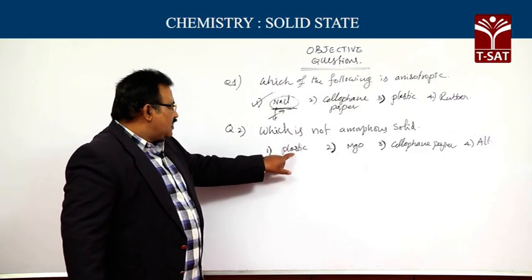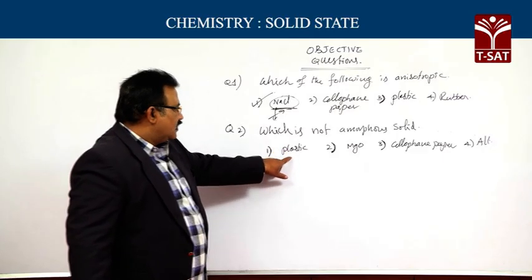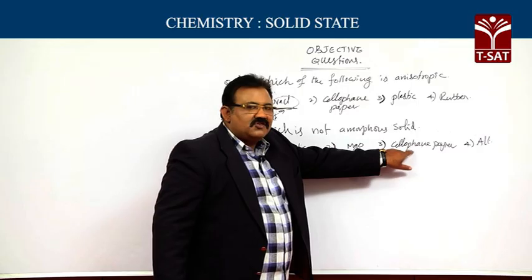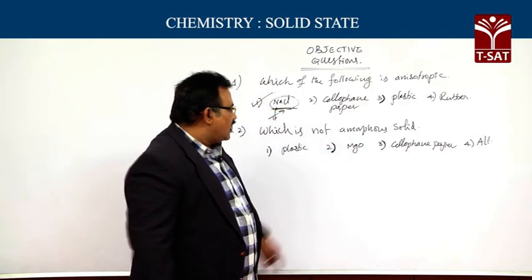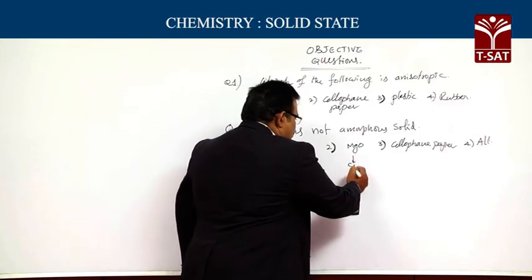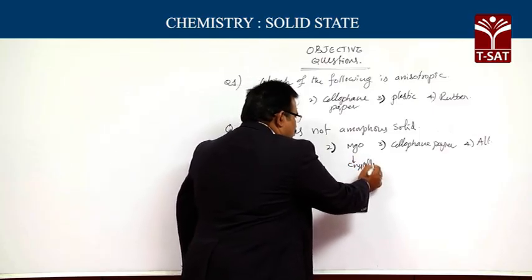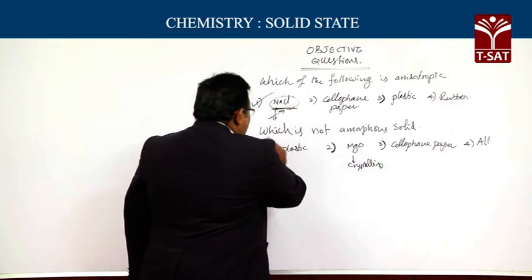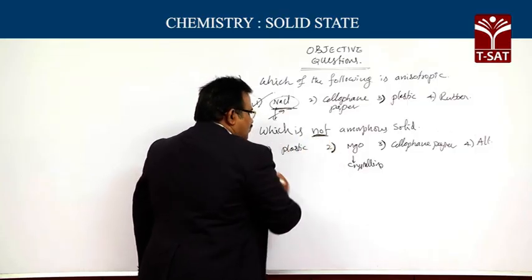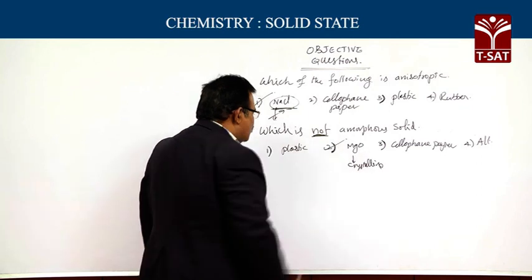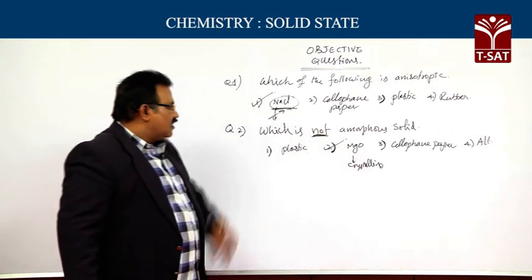You know, plastic is amorphous, cellophane paper is also amorphous, whereas MgO is crystalline. So, the question is, which is not amorphous? Not amorphous, so crystalline is the answer. So, second option is correct.